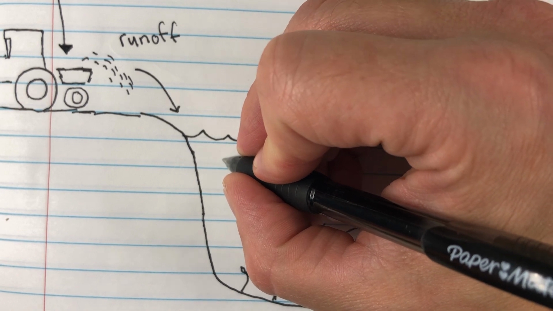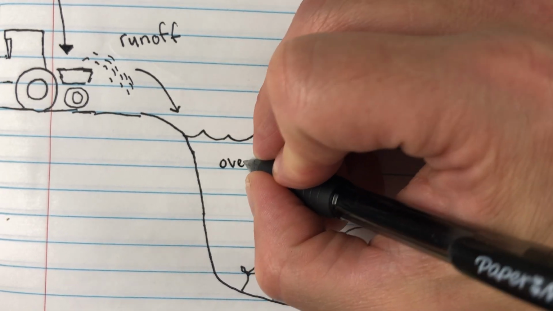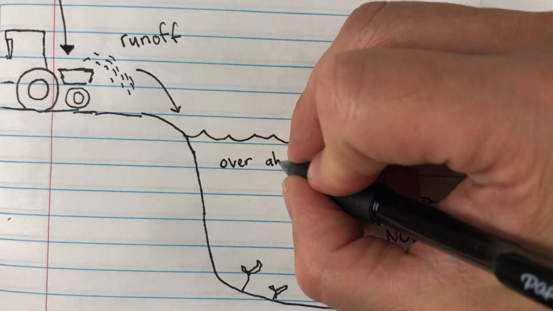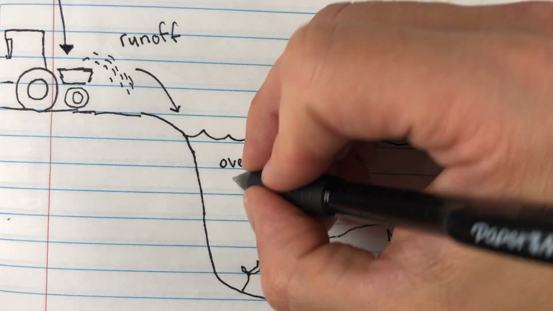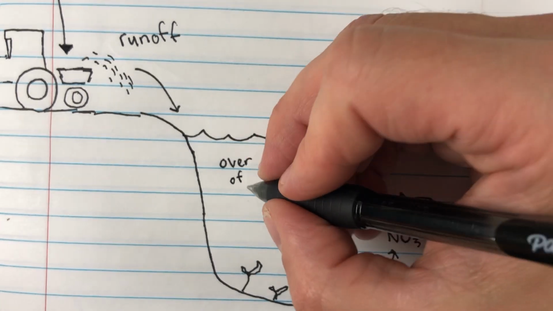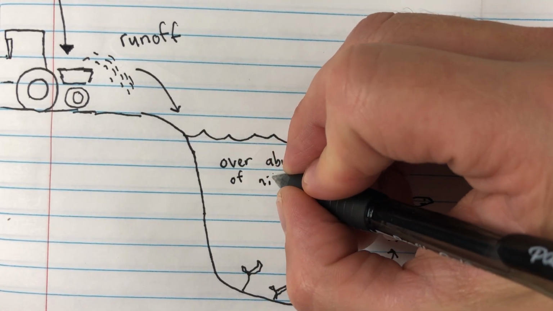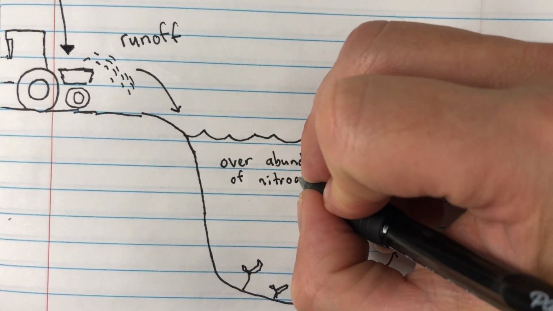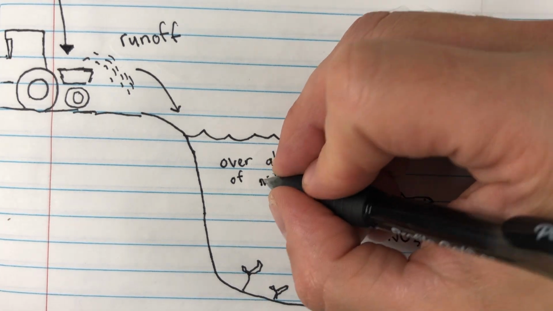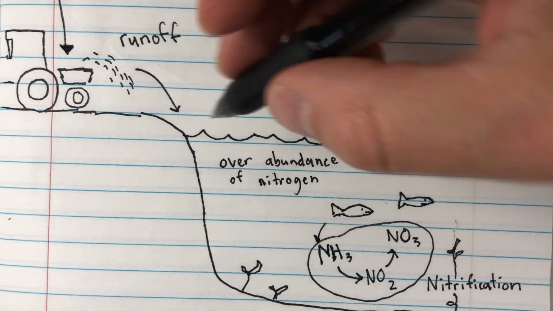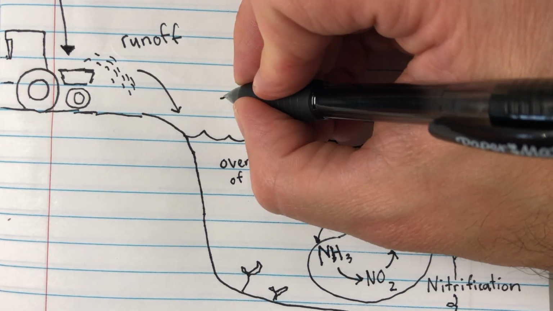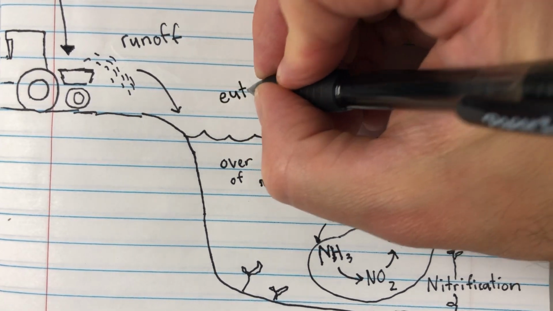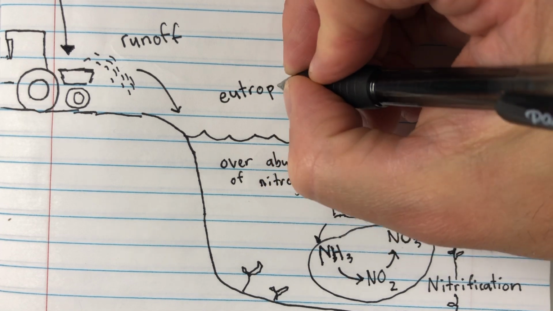We get an overabundance of nitrogen or nutrients. In this case, we're going to say nitrogen because we're dealing with the nitrogen cycle. And because of that, that term is called eutrophication. Eutrophication.